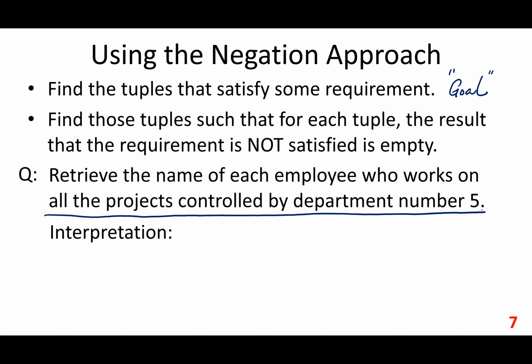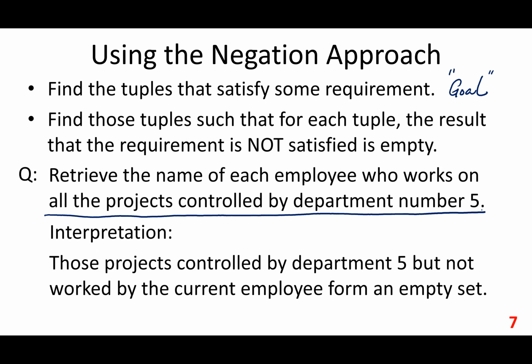Yeah. So interpretation, those projects controlled by Department 5, but not worked by current employee, form an empty set. So worked by Department 5, but not worked by current employee. Oh, is this the interpretation? Yeah, that's something.